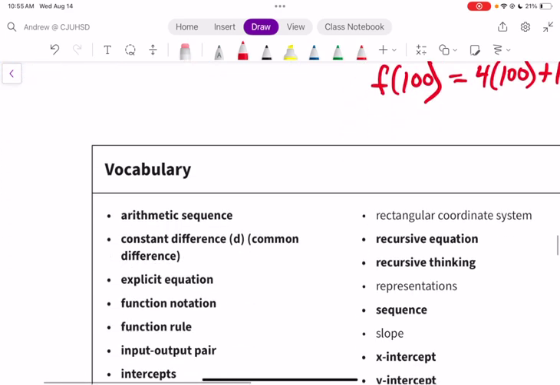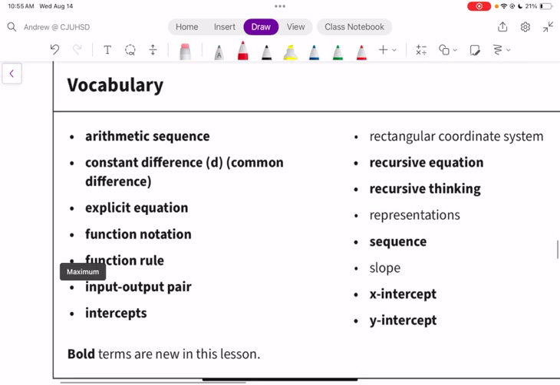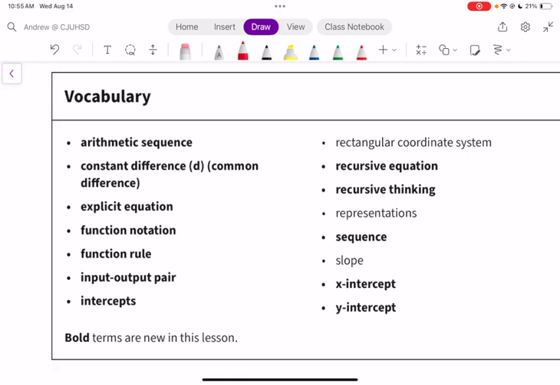You notice there's some other vocabulary here. And we'll get to this when we can. One is a common difference. That was the 4 that we kept changing by. Function notation is when we write that f of t.